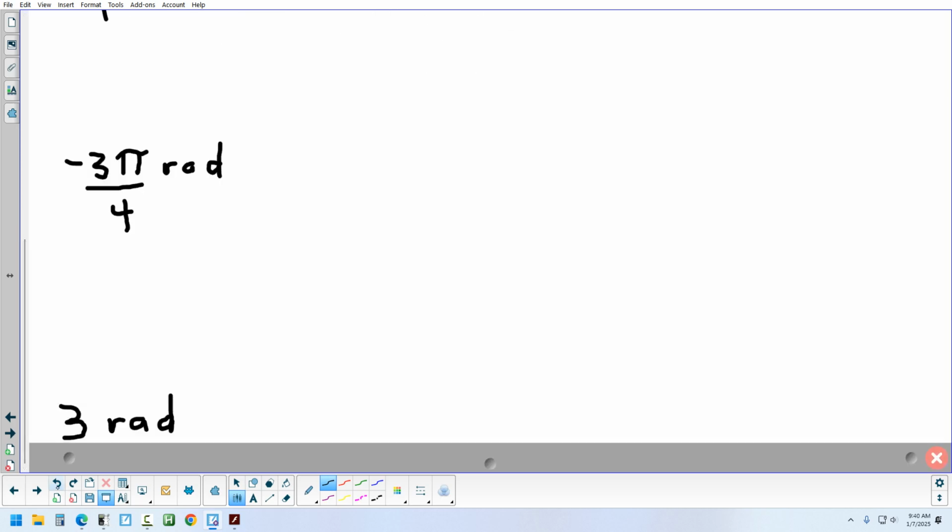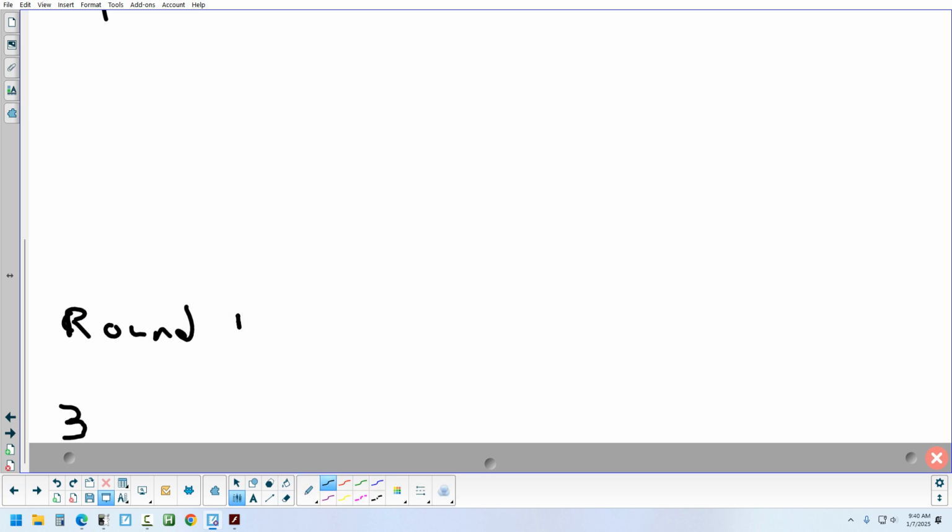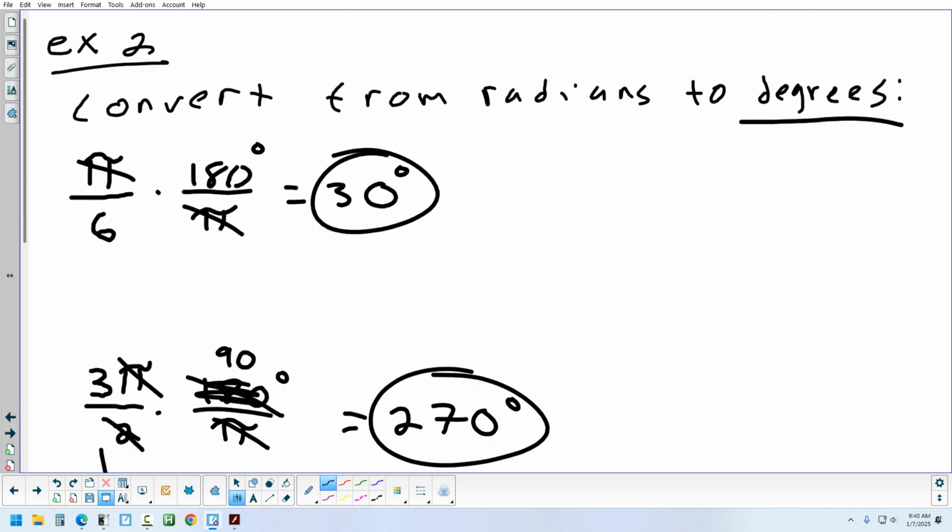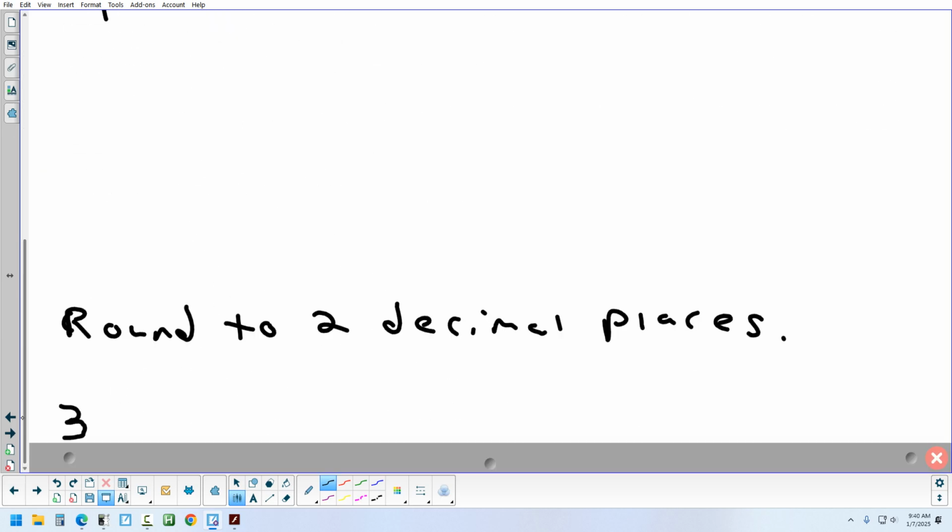Let's finish up with one where we do a decimal. Okay, so this one is 3. So we'll say round to 2 decimal places. So convert to degrees, round to 2 decimal places.